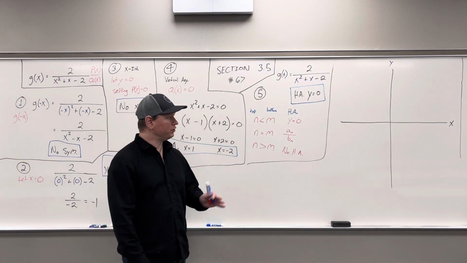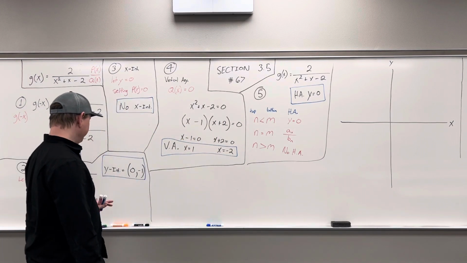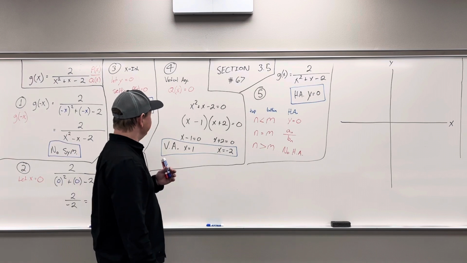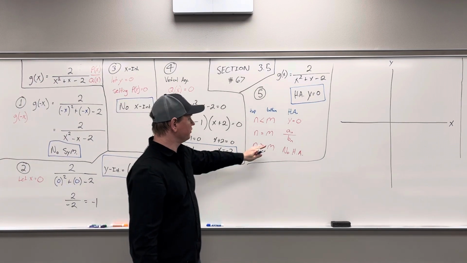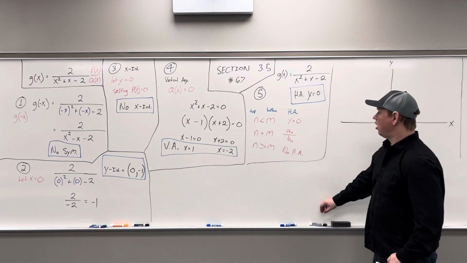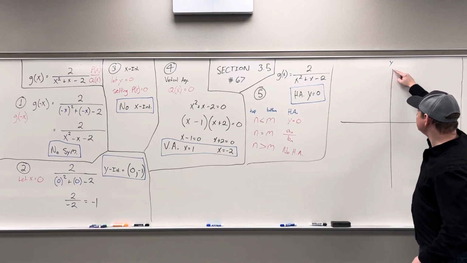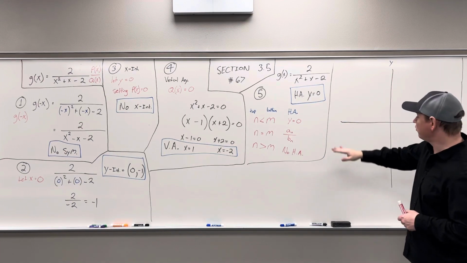And we are going to plot it and make a scaffolding before we get started. So I always recommend starting with your vertical asymptotes and your horizontal asymptotes. Our horizontal asymptote is y equals 0. So when y is 0, we have the horizontal asymptote.